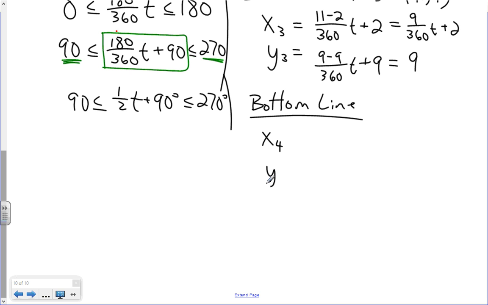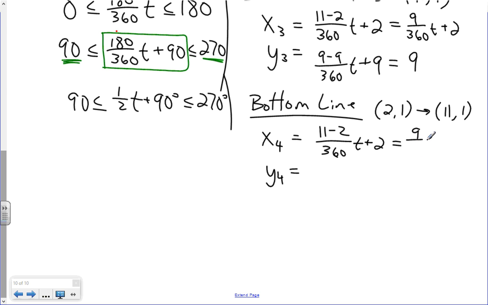X sub 4 and y sub 4. So again, we're going from 2, 1 to 11, 1. That's what we're trying to do. All right, so take the difference in the x values there. It's 11 minus 2 divided by 360 times t plus our starting value. Or you could write that as 9 over 360 times t plus 2.